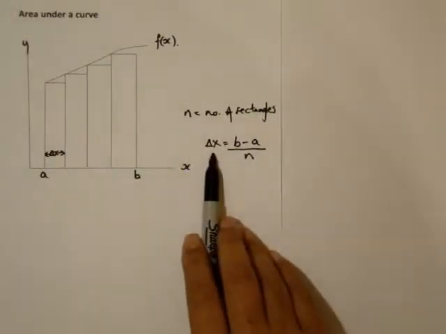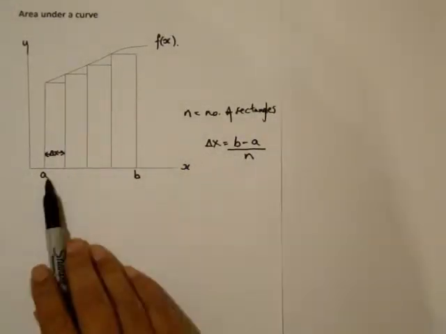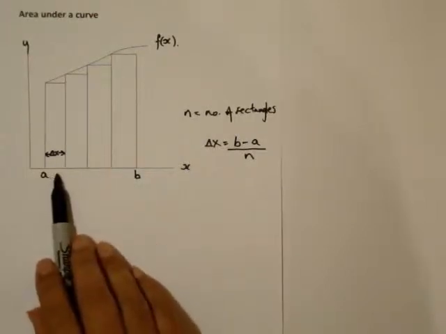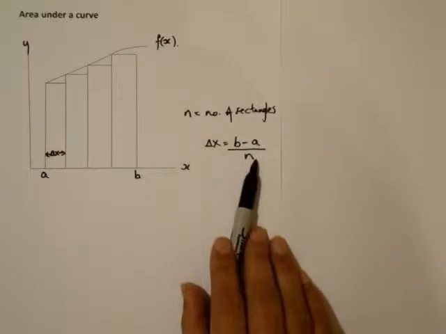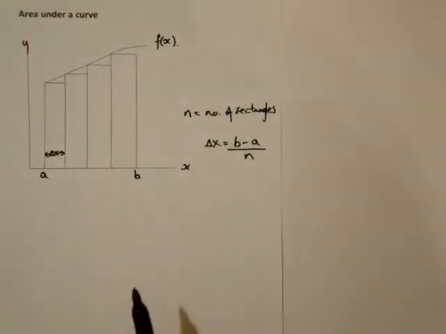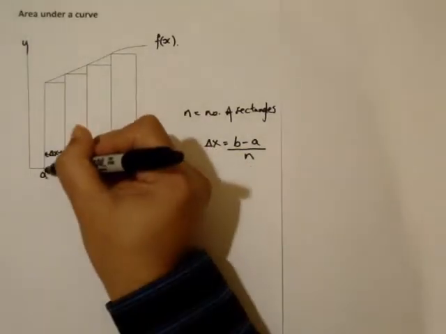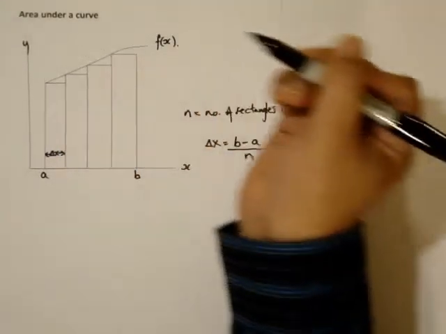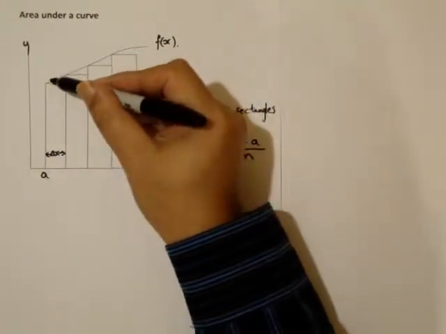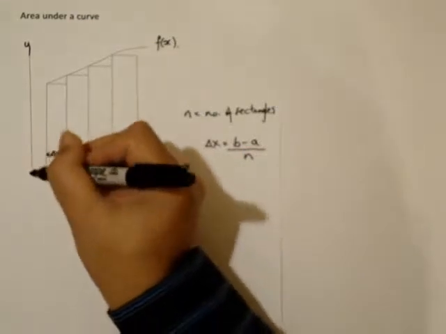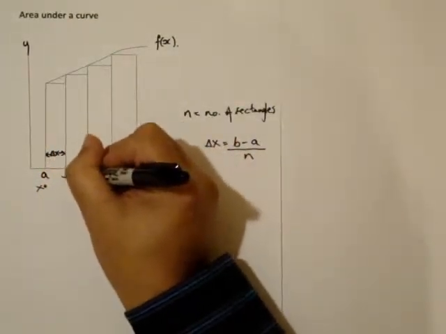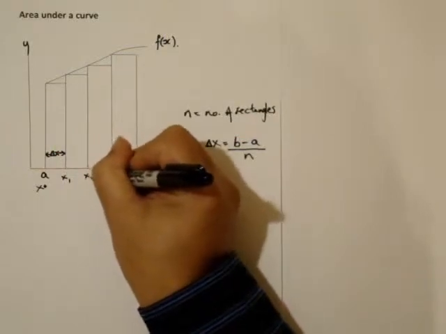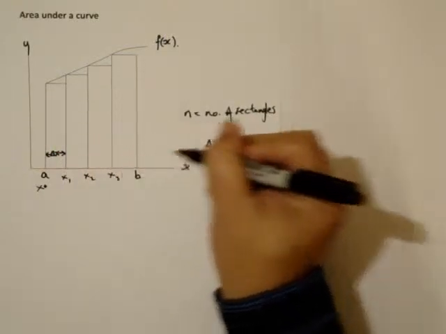So the width delta x is given by this total length of the 4 rectangles divided by the number of rectangles. So now if we label this first line, which touches the curve, as x0, this one as x1, x2, x3.